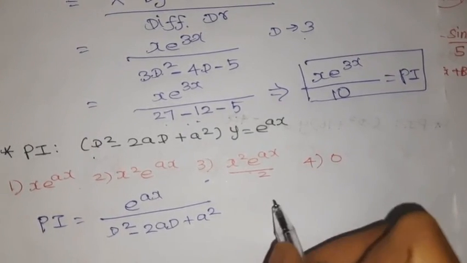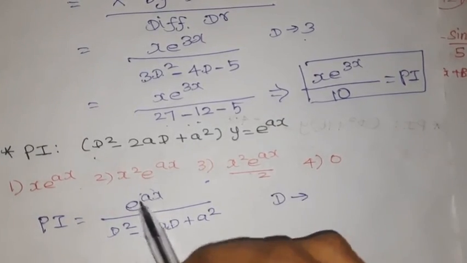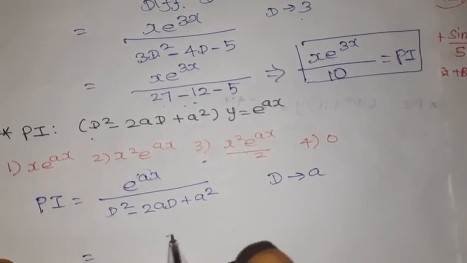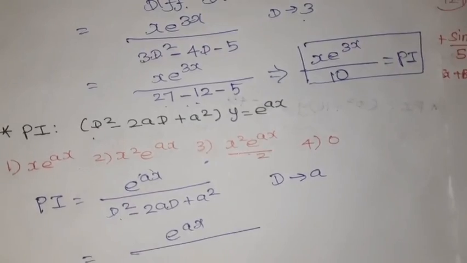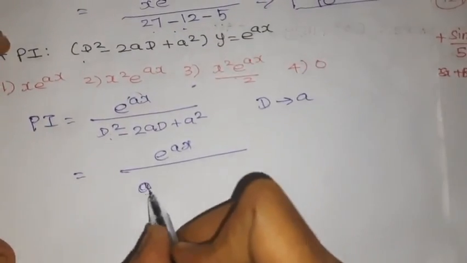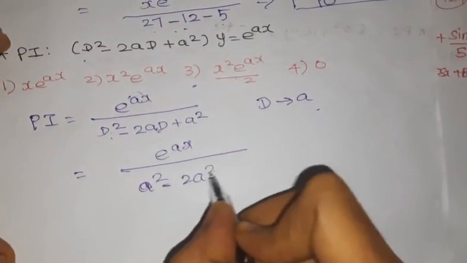So now what is the second step? Replace D by a, and substitute here: e power ax divided by a squared minus 2a squared plus a squared.